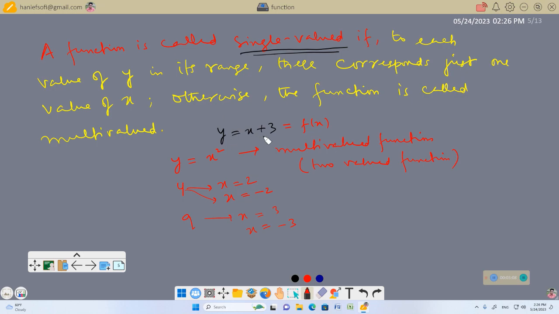For example, y is equal to x plus 3 is a single valued function, but y is equal to x square is a multi-valued function, because in case of y is equal to x square, if you take y as 4, x can be 2 or minus 2, right? If you take y as 9, x can be 3 or minus 3. So y is equal to x square is not a single valued function. It's a multi-valued function. In fact, it is a two-valued function, right?